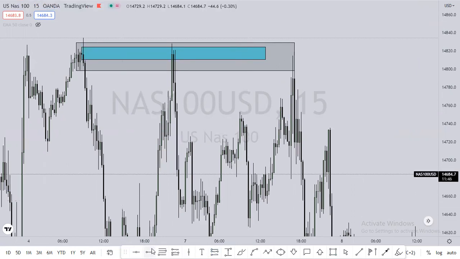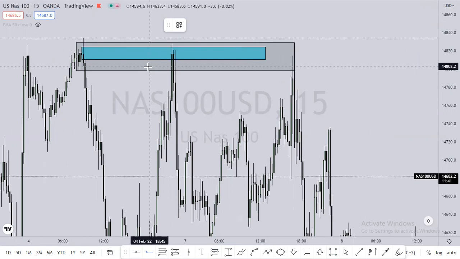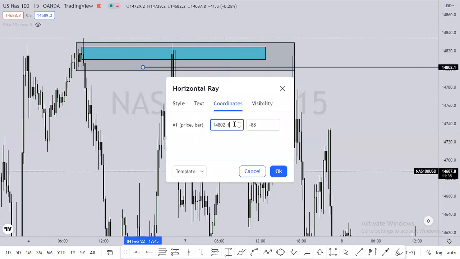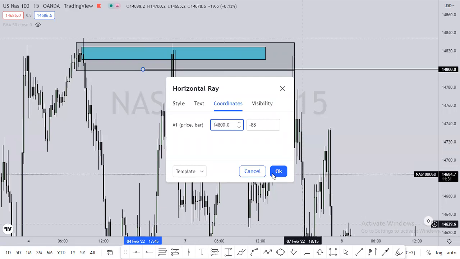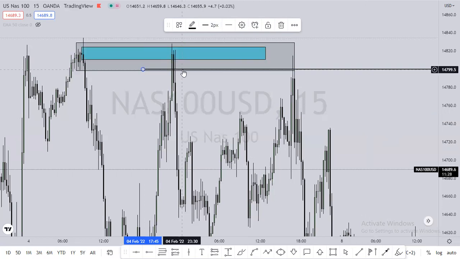Let's look for a psychological number. Okay, so the closest psychological number is actually the 800, 00 level. I would say, I'm not gonna lie, using the 00 levels and the 50 levels with this strategy, I wouldn't say they're not efficient.